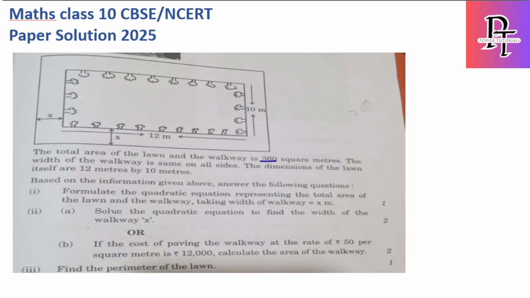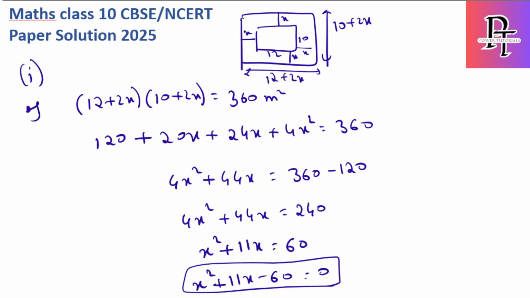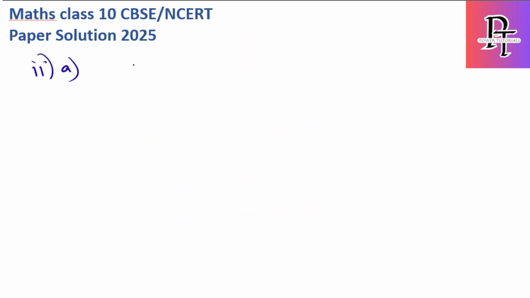What is the second part? Solve the quadratic equation to find the width, the value of x. Let's solve this. The quadratic equation is x square plus 11x minus 60. Factors of 60: 2 into 30, 4 into 15. Yes, this is enough.